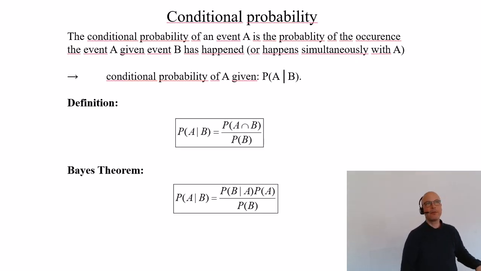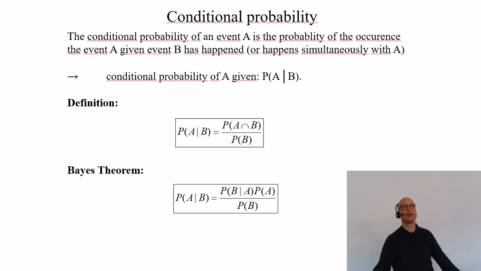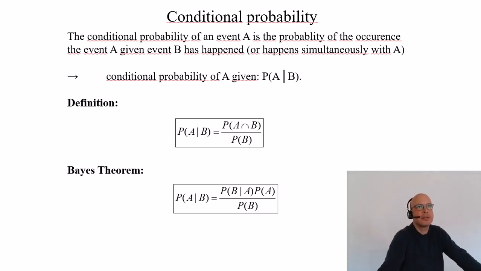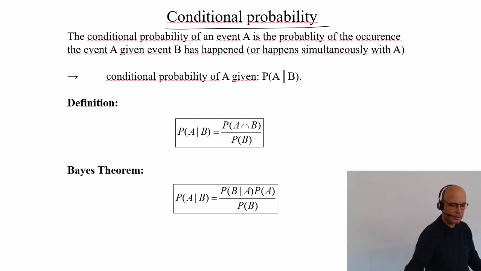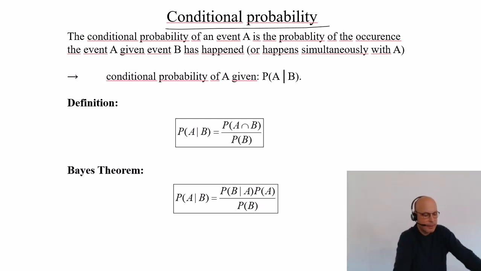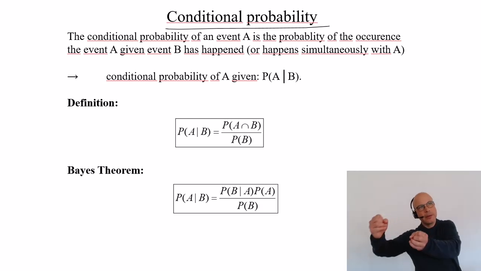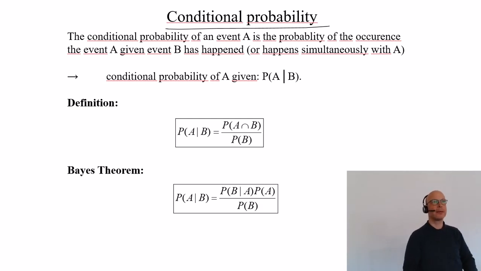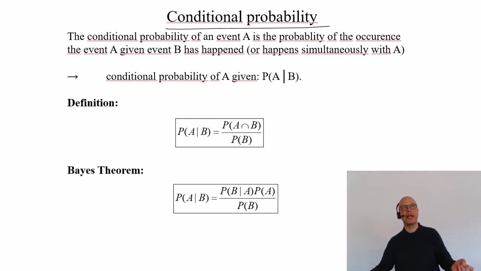And then, of course, if our events are not independent, then we can ask for the so-called conditional probability. And this means, so to speak, in a row during time, we say what is the probability that A happens if already B has happened.